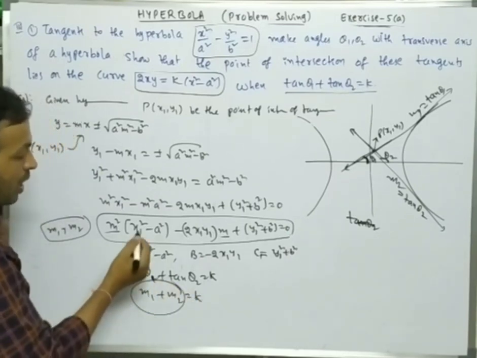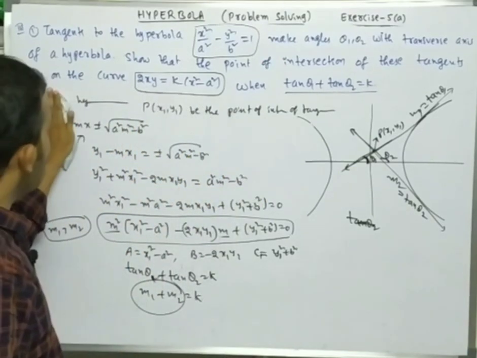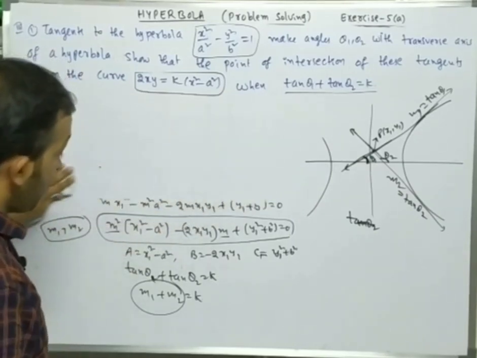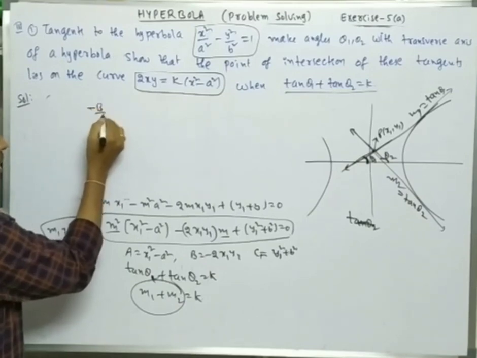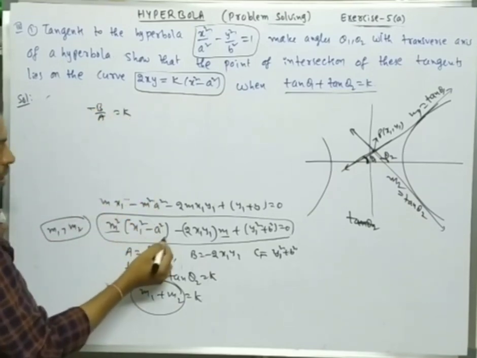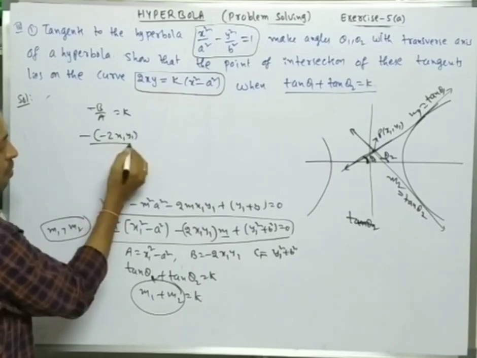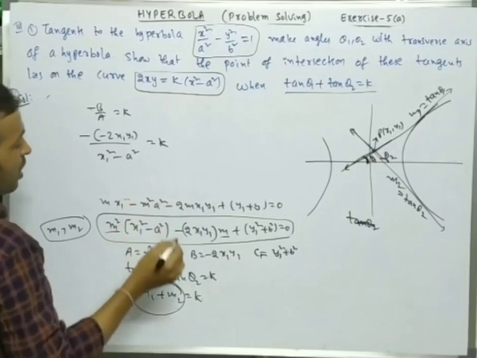m1 plus m2 indicates what? Sum of the roots. What is the formula for the sum of the roots? c by a, sorry, minus b by a. Sum of the roots formula is minus b by a, which is equal to k, right? So minus of minus 2x1 y1 by x1 square minus a square is equal to k.